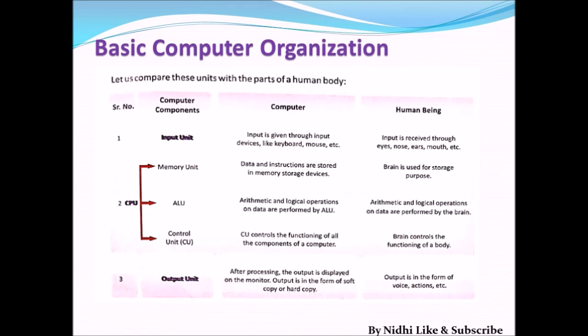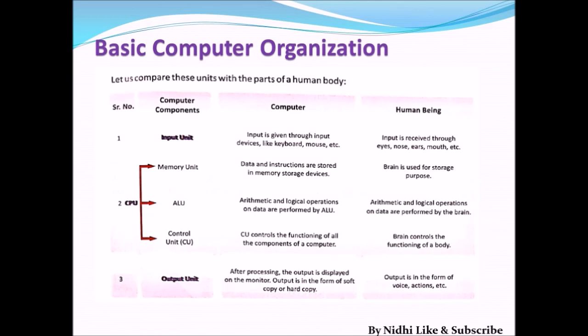We perform calculations and logical operations in our brain itself. Similarly the CPU is known as the brain of the computer, where arithmetic and logical operations are performed, and the brain also controls the functions of our body. Similarly in a computer, the control unit controls the functioning of all the components of a computer. Next is the output unit.